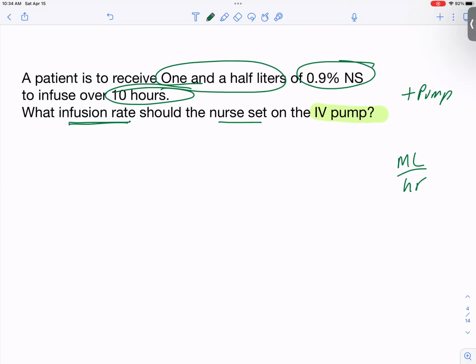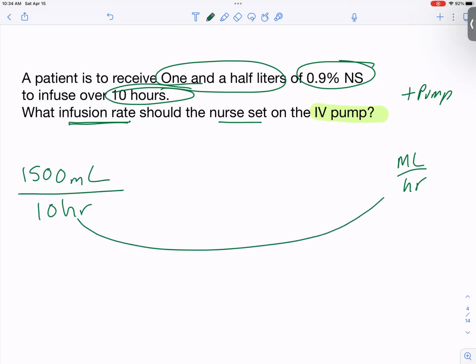So I have to give 1.5 liters. So by now I am hoping you know that 1 liter is 1,000 milliliters. So 1.5 liters will be 1,500 milliliters over volume over the time, 10 hours. I have hour, I have milliliter. I'm done. I just got to divide. So you can cross off zeros and figure it out really fast.